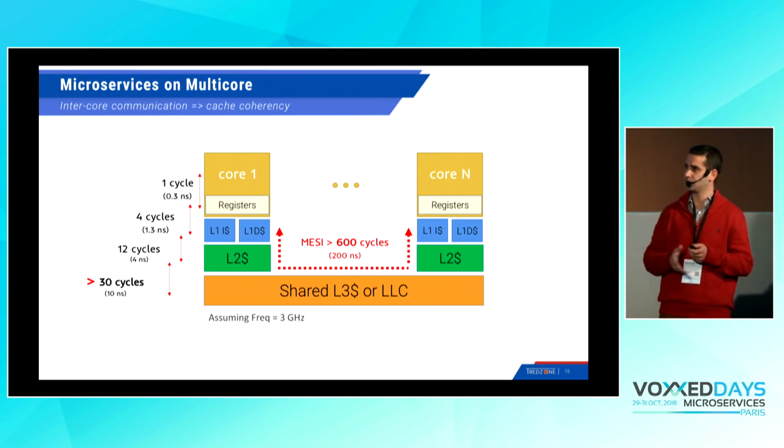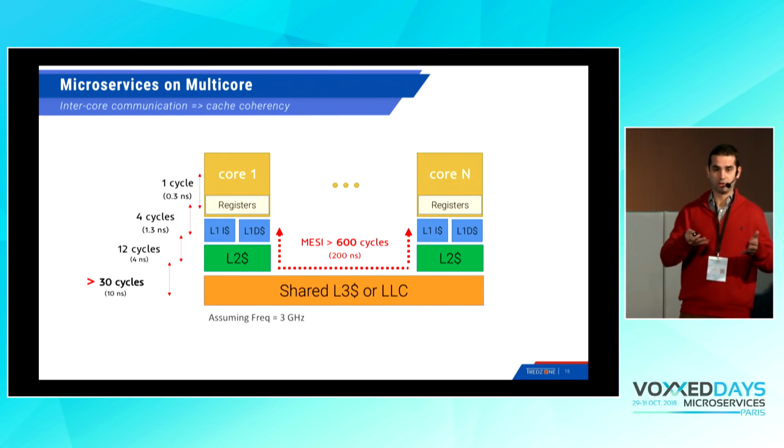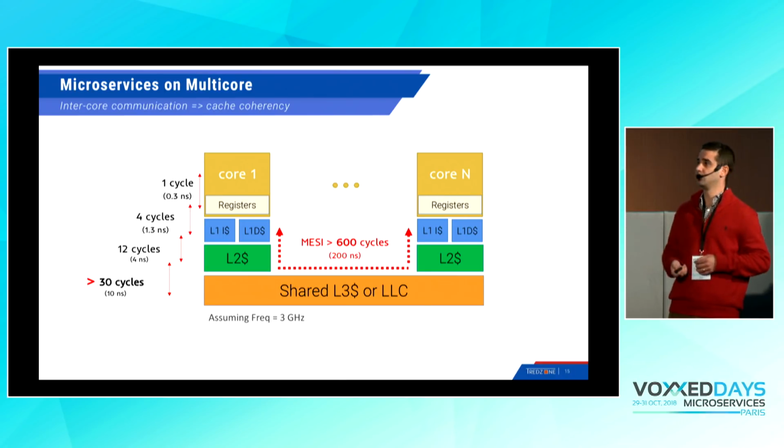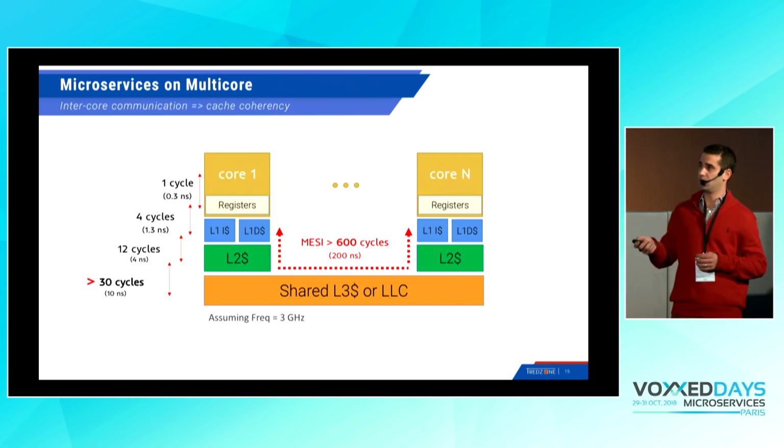I don't know if you guys are familiar with this image. This is a typical multi-core architecture that your microservices are actually running on. What I'm showing here is the cache hierarchy of the multi-core. We have the private cache of each core, and we have a shared cache, normally the L3 cache or last level cache.